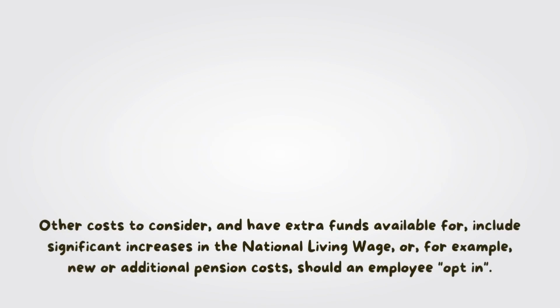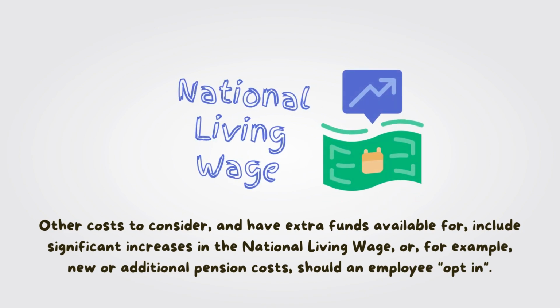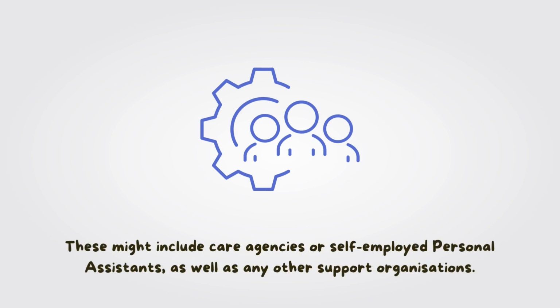Other costs to consider and have extra funds available for include significant increases in the national living wage or, for example, new or additional pension costs should an employee opt in. While calculating your surplus, other costs to consider are the use of agreed service providers. These might include care agencies or self-employed personal assistants, as well as any other support organisations.